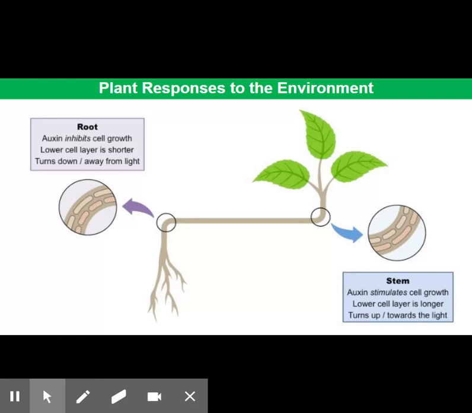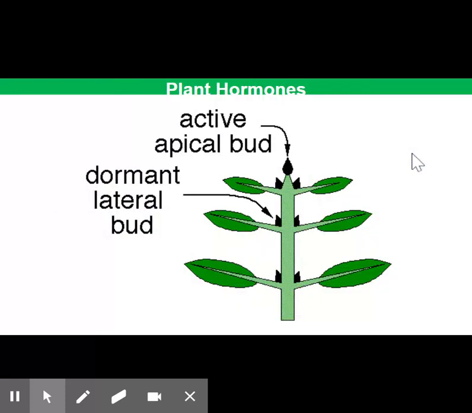The next process we're going to look at is known as apical dominance. Most plant shoots have buds on either side of them called lateral buds. The presence and growth of the apex of the shoot inhibits the sideways growth from these lateral buds. That phenomenon is known as apical dominance.